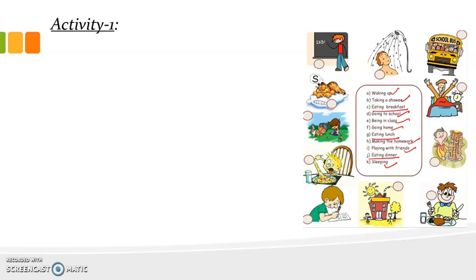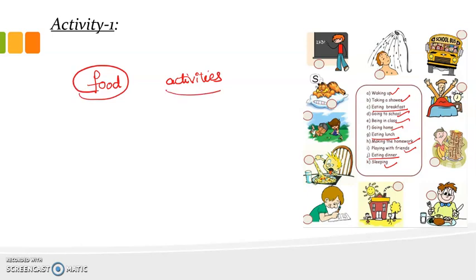After observing this picture, you are doing activities here, and at regular intervals of time you are eating food. So what is the relation between food and activities? Can you tell me, students?